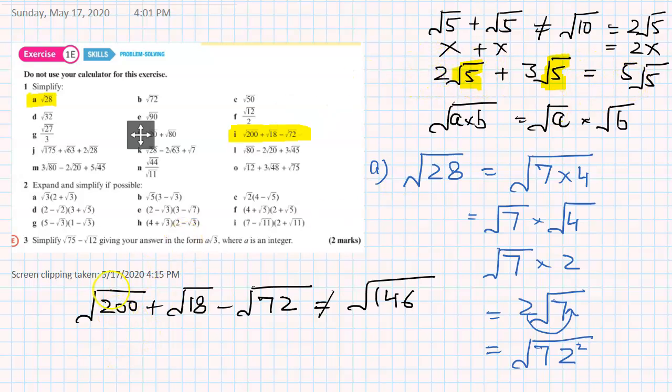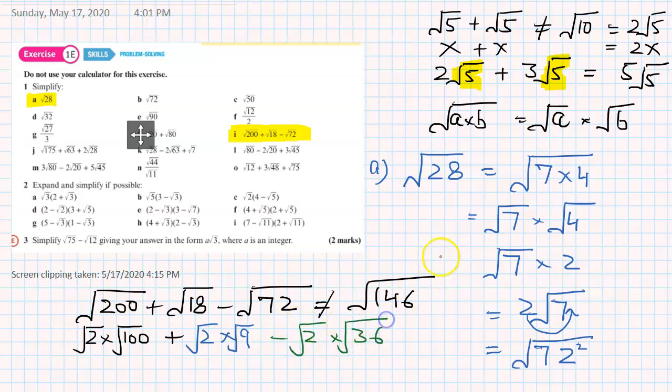So 200 can be written as 2 times 100, root 2 and root 100, plus 18 can be written as 2 multiply 9, root 2 root 9, and 72 as 2 multiply 36, root of this and root of this.